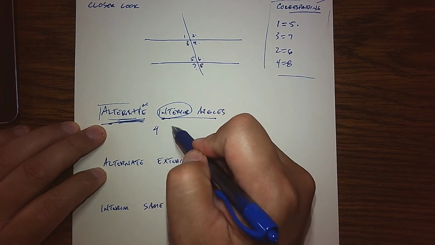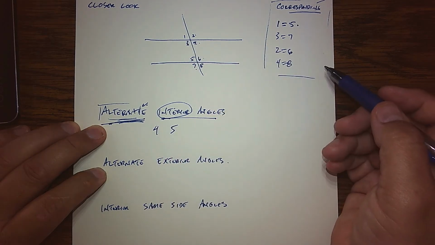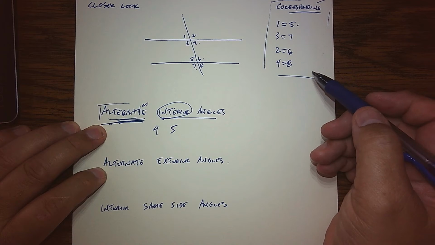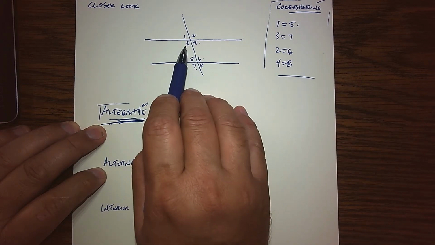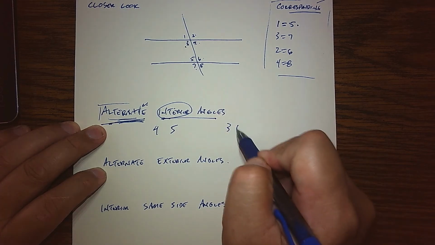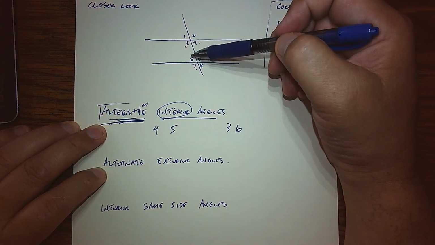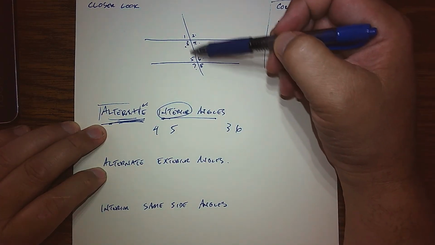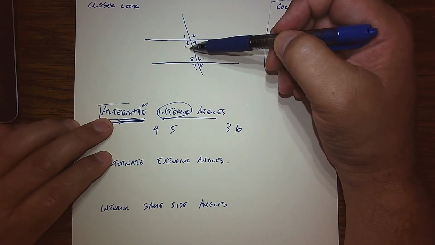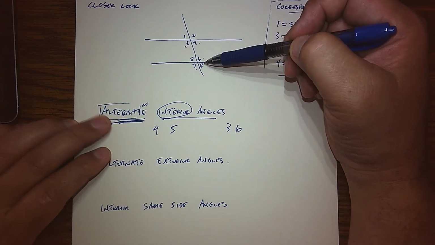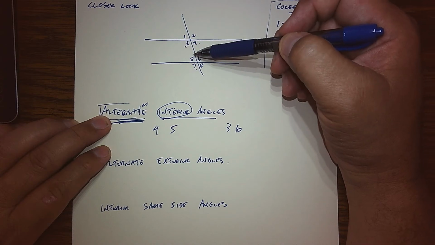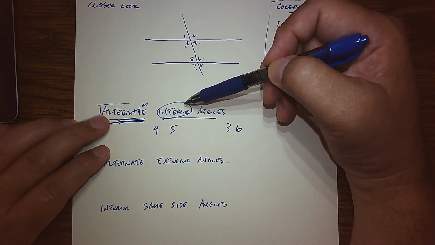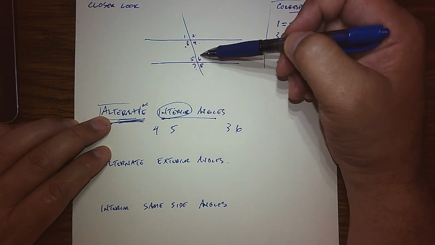So 4 and 5 are one set of alternate interior angles. Of course, the other set, if we stay on the inside and alternate, would be 3 and 6. 3 and 5 are not alternate interior. They're interior angles, but they're not alternate because they're on the same side. 4 and 6 are interior, but they're not alternate because they're on the same side. So on the inside, there are 2 sets of alternate interior angles: 4 and 5, and 3 and 6.